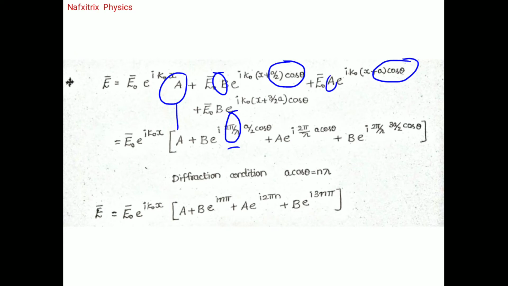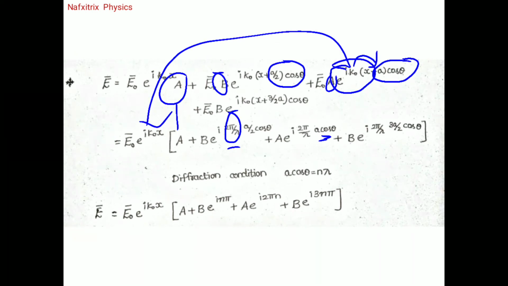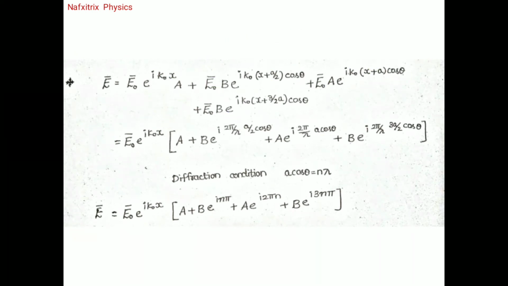A would be remaining, and a cos theta. So a cos theta, k naught is nothing but, here if it is multiplied with k naught, what would remain is e power i 2 pi by lambda. So as this e power i k naught x is taken out, here you can see. So like that.